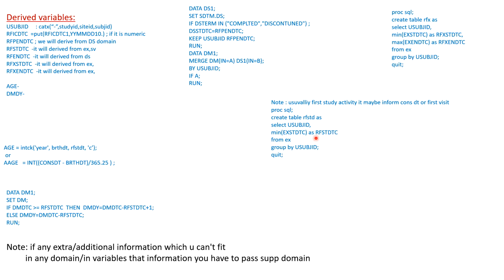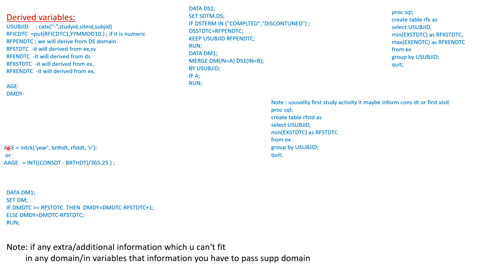Using the EX domain for the start date, we will create this variable. RFPENDTC and RFENDTC are the same in some cases. RFSTDTC and RFXSTDTC will also be the same, based on the study.